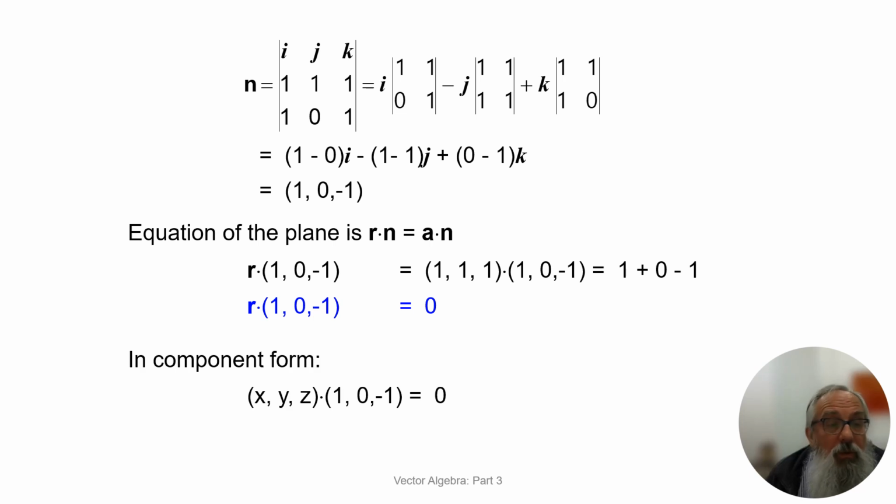In component form we can just replace R with the x, y, z vector as the Cartesian form or component form. That's expanded to be just x minus z is equal to 0. So in fact this plane is y equals 0, so it's in the xz plane.